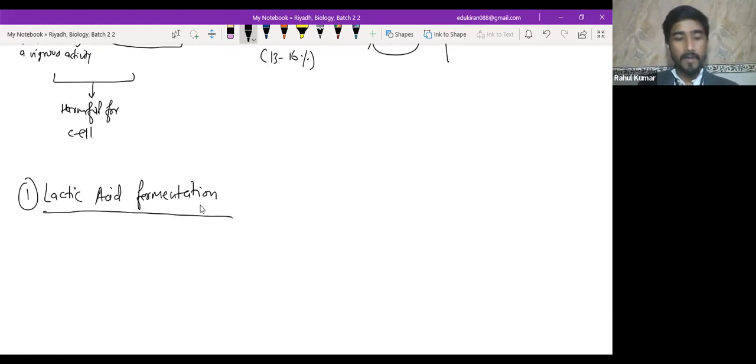Okay, now write down. Apart from muscles, can you tell me any other place or any other substance where you have heard this word lactic acid? How many of you like curd?